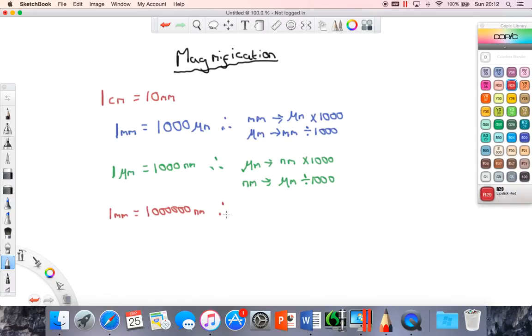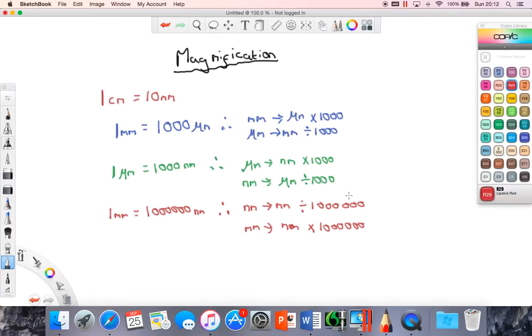That's what these 3 dots mean, by the way: it means therefore. So to convert nanometres into millimetres, we would divide by 1,000,000, whereas to convert millimetres into nanometres, we would times by 1,000,000.